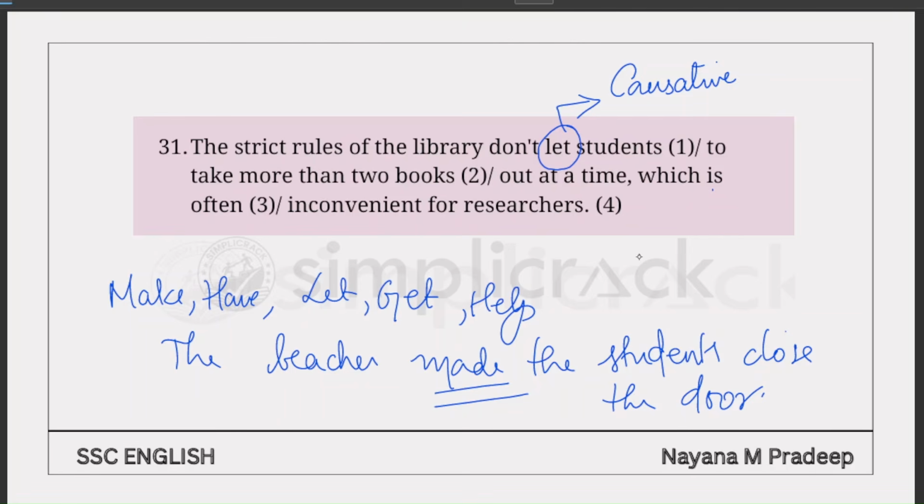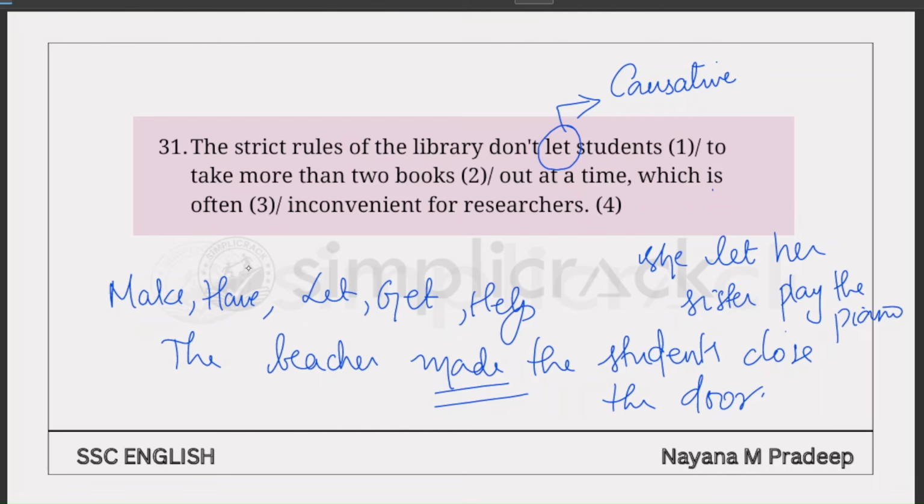Similarly, you can say, she let her sister play the piano. So instead of herself playing the piano, she allowed her sister to play the piano. So these are certain examples of causative verbs: make, have, let, get, help, etc. Now, along with causative verbs, you only use the V1 form or the bare infinitive form.